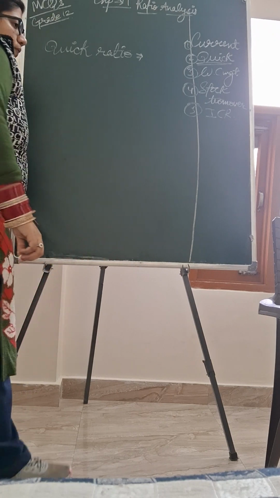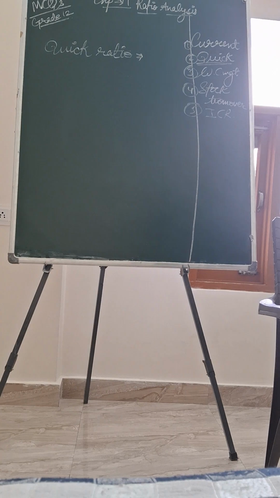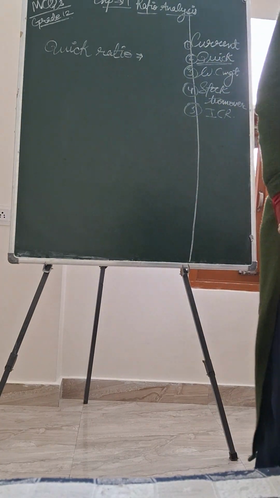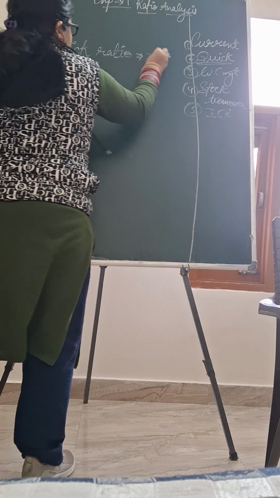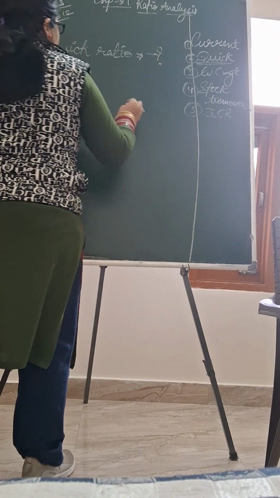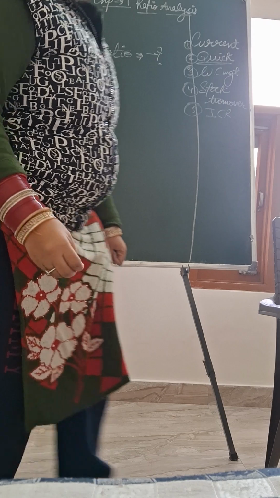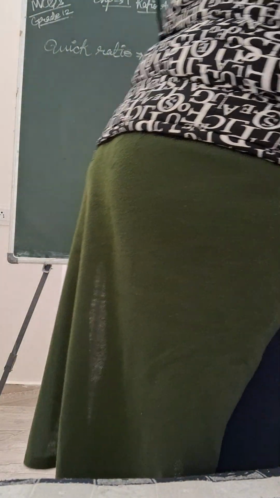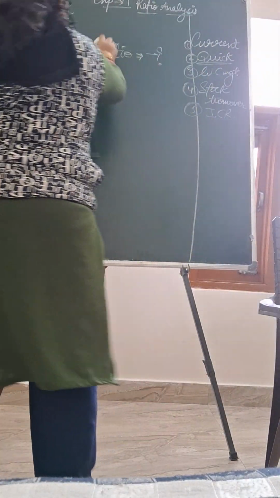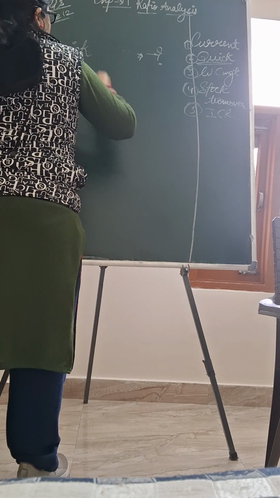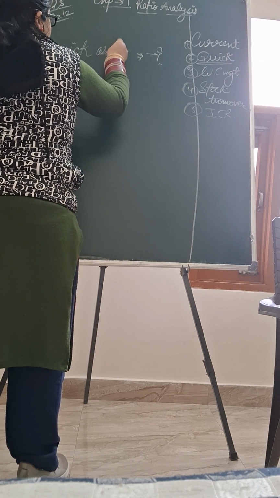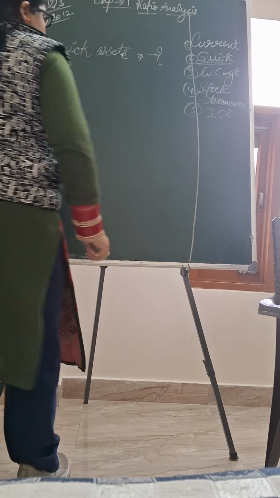The need of the question is quick ratio. Now how will we come to quick ratio? First of all, current ratio is given and the value of stock is given. It is not quick ratio, it is the quick assets we need to find out, and that is very interesting.